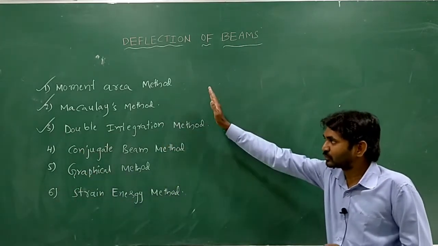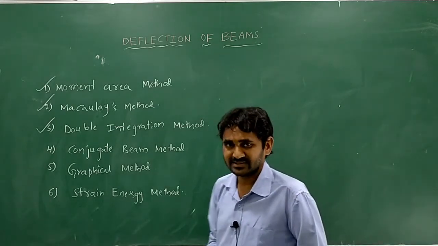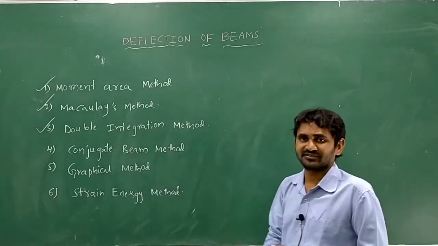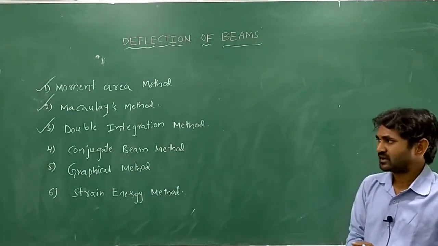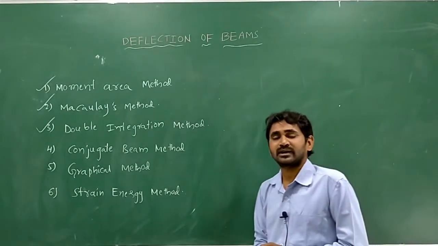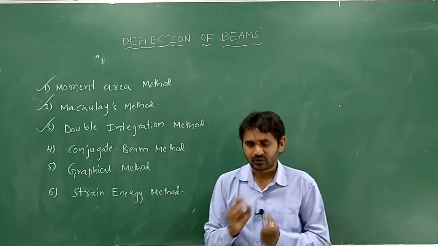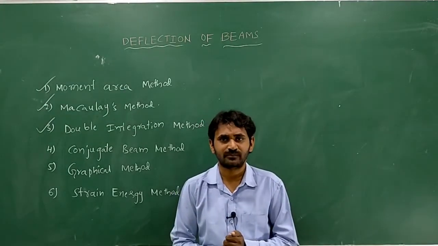Before going to these concepts, let me tell you one basic thing. Just now we have seen the concept of deflection as well as theta, and many people are writing ESET. In ESET you will get a lot of questions from strength of materials.